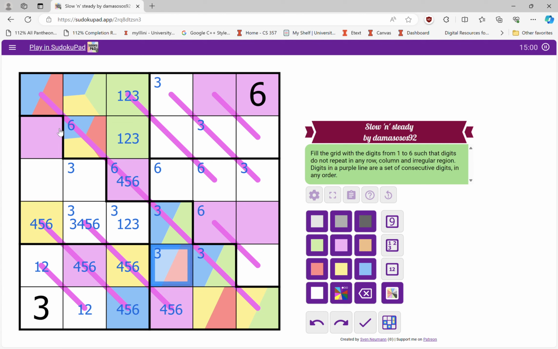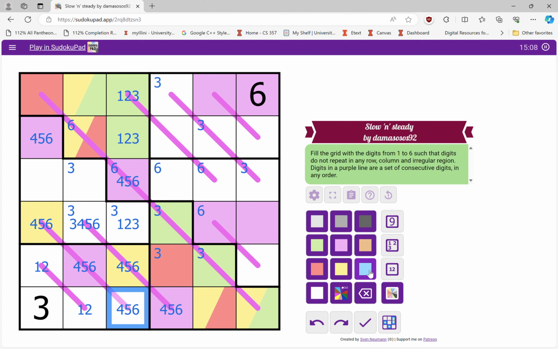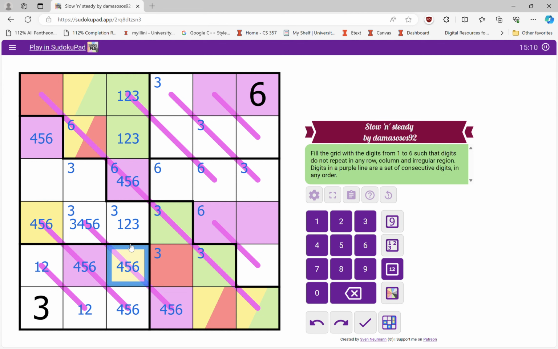I don't think that actually goes anywhere thinking about it, so I'm going to just temporarily get rid of all the blue, because it doesn't seem super useful.